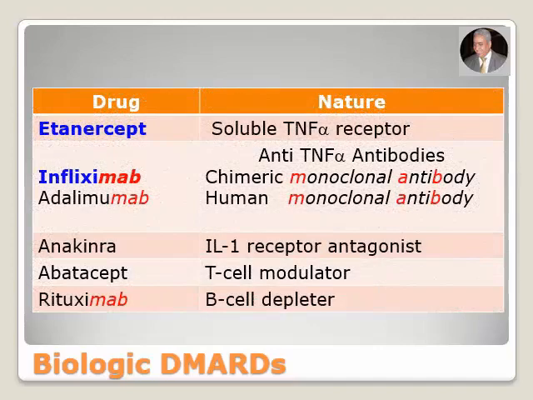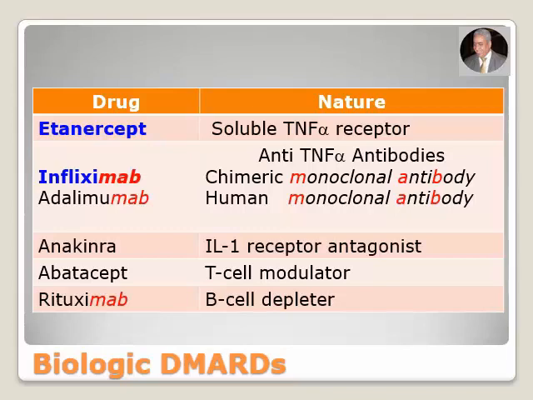The second group, the biologic drugs, which are named so because they are biologic response modifiers. We are going to discuss etanercept, a soluble tumor necrosis factor alpha receptor that attracts the tumor necrosis factor alpha instead of leaving it to bind to the tissues.